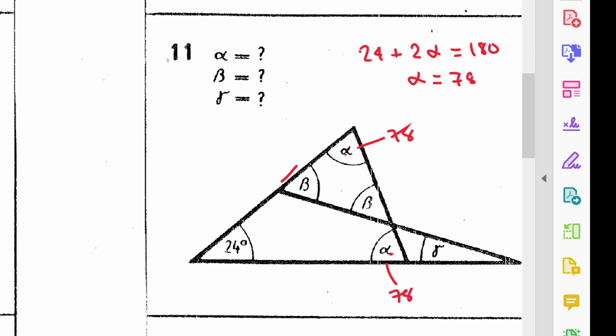I can focus on this triangle right here. And I know that 78 plus 2 betas has to add up to 180. That means that beta is going to be equal to 51. And then if that's 51, I can kind of back into this angle over here. I can look at any number of triangles, but ultimately that angle is going to end up being 27.